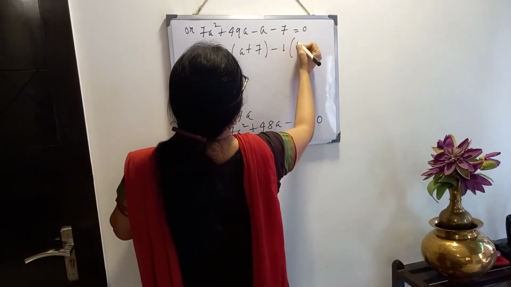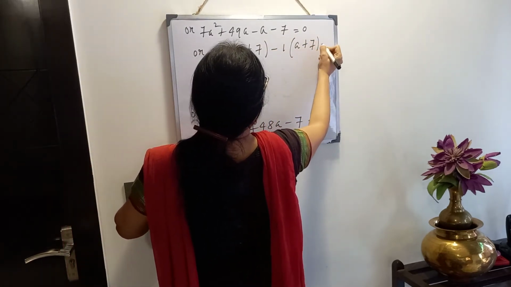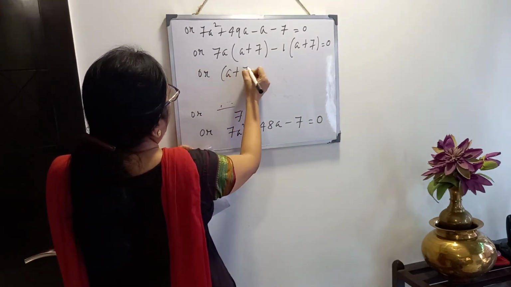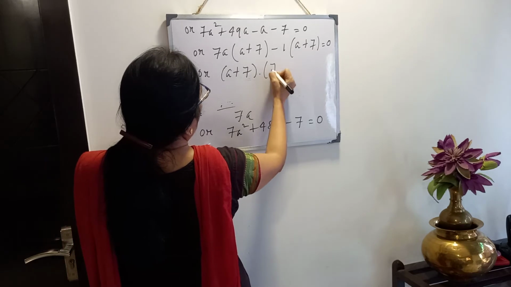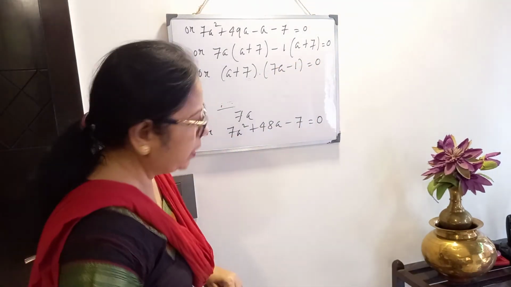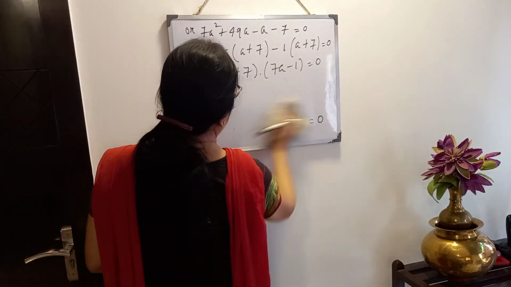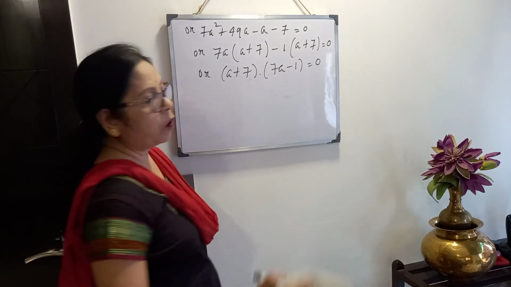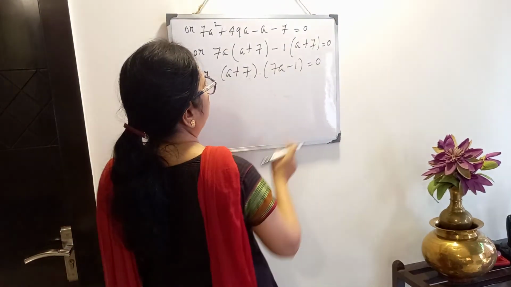Just middle term I am taking common. After that I am jumping one step. Now all of you know what to write. Either a plus 7 equals to 0 or 7a minus 1 equal to 0.